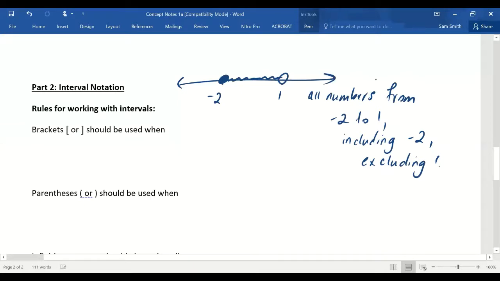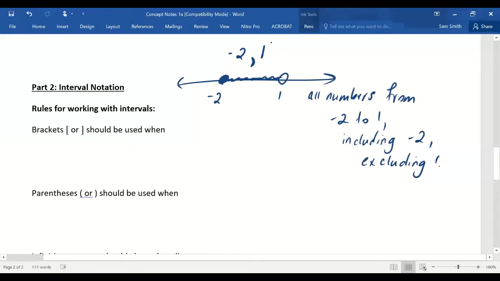Now, this number line drawing is a big pain, in particular to type into the computer. So interval notation enters as a way to represent this shaded region in a manner that's easier to type. So here's the process. I put a comma for the center of the shaded region. To the left of the comma, I put the number which is on the left border of the region. To the right of the comma, I put the number that's on the right border of the region.